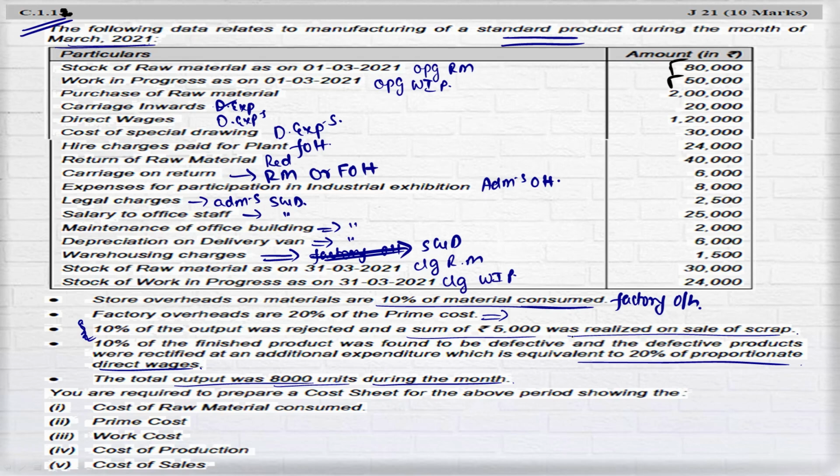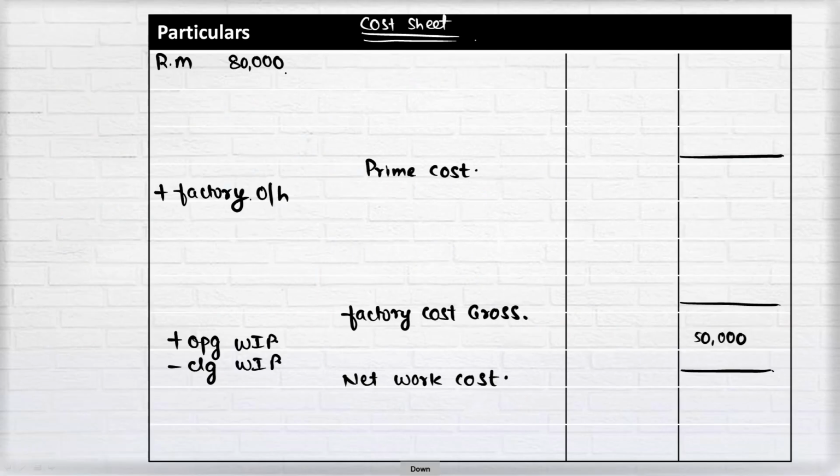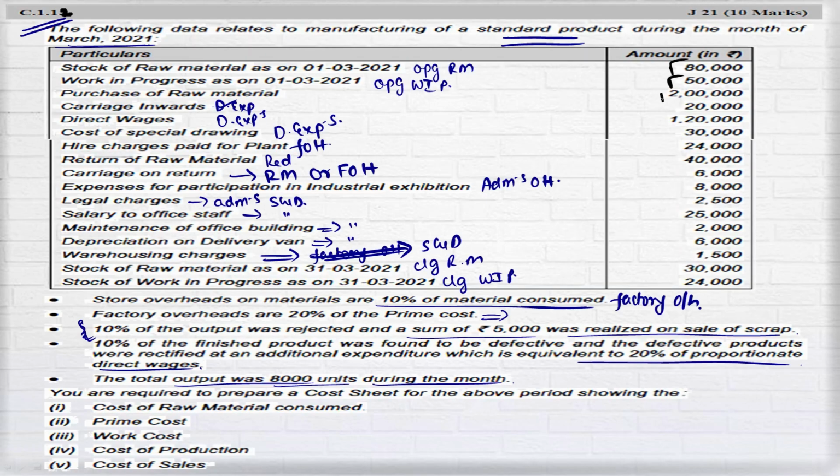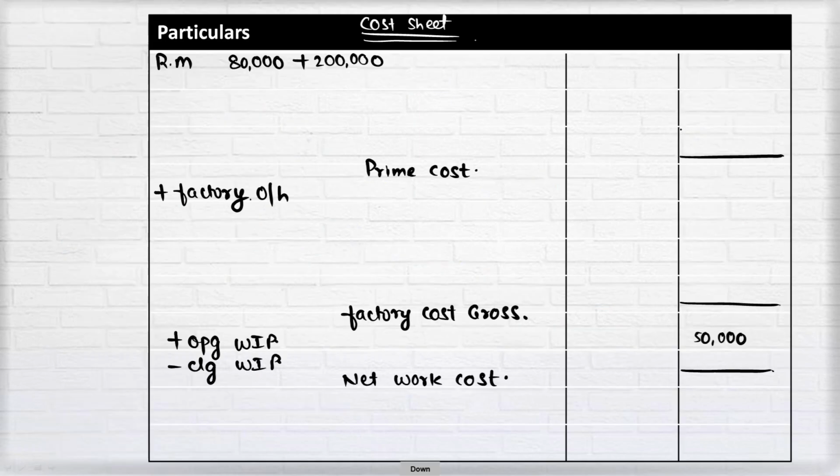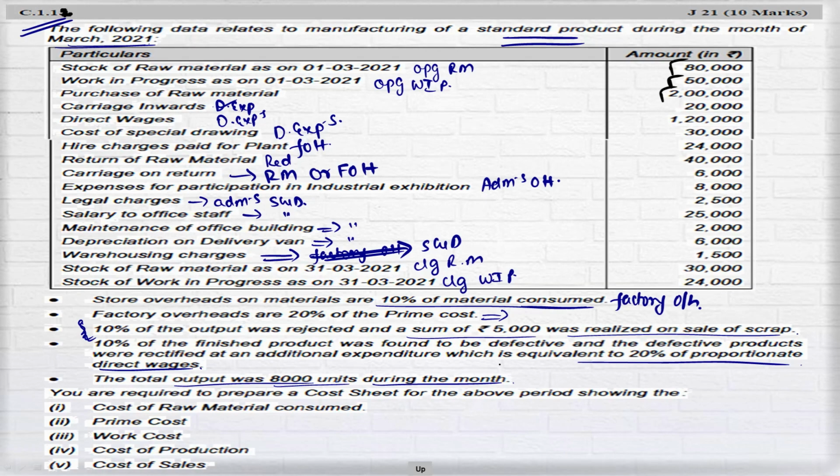Purchase of raw material 2 lakhs. Carriage inward is 20,000.